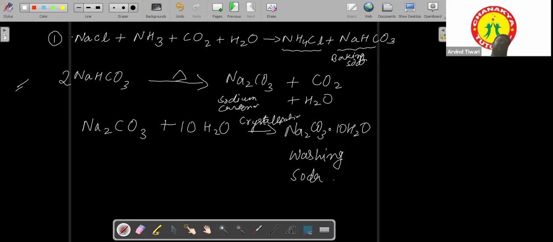This reaction we'll be writing many times. Now in this process, we are obtaining washing soda. If you heat washing soda a little bit, the water of crystallization starts disappearing, and you again get your sodium carbonate.